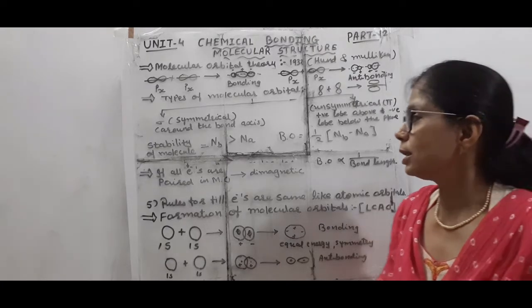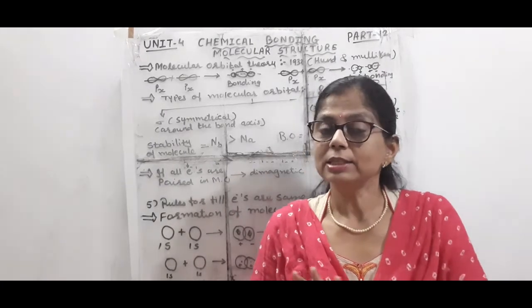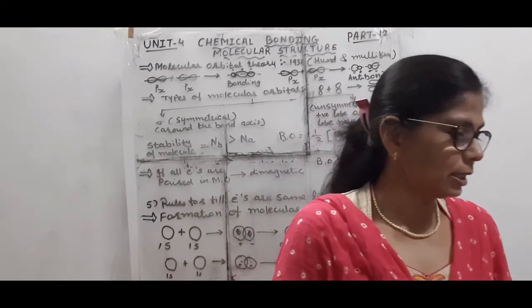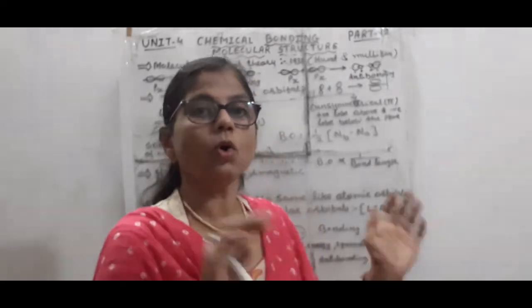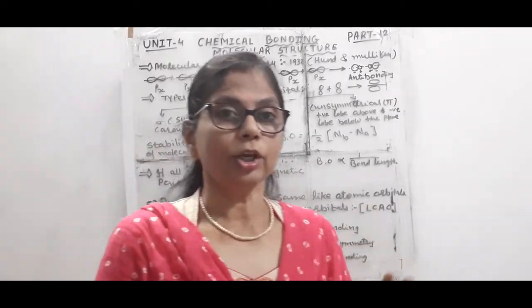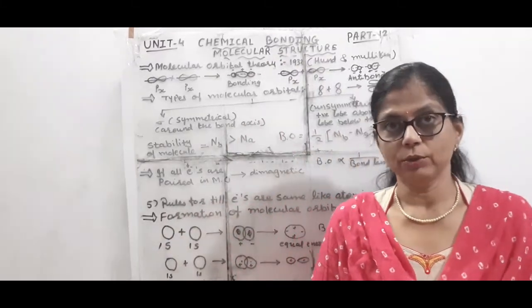And if, by drawing the molecular orbital diagram, there is no unpaired electron present, or we can say that all are paired electrons, then that molecule is known as a diamagnetic molecule, students.